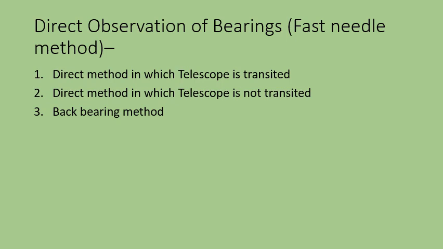The second method can be adopted when you don't have a transit theodolite, or you have a transit theodolite but with a poor permanent adjustment. The third is another method in which you can get the bearing by the back bearing method. So let us go through each and every one of these methods.